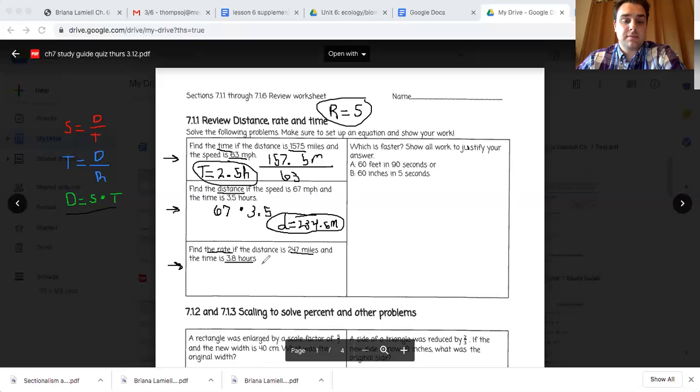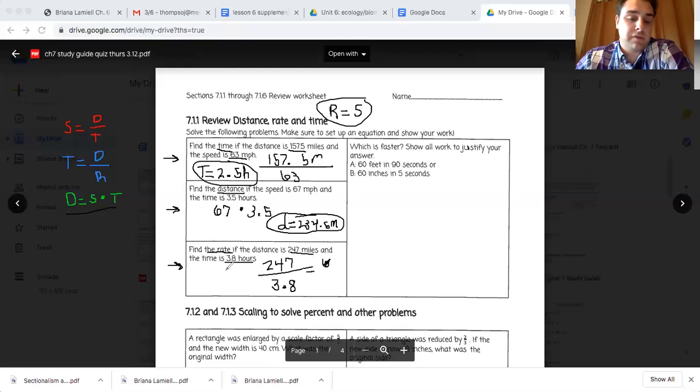So I need to take 247 and divide that by 3.8, in which I would get 65.